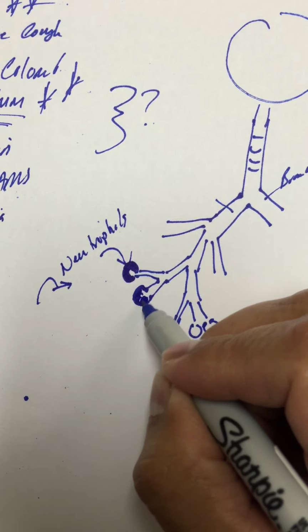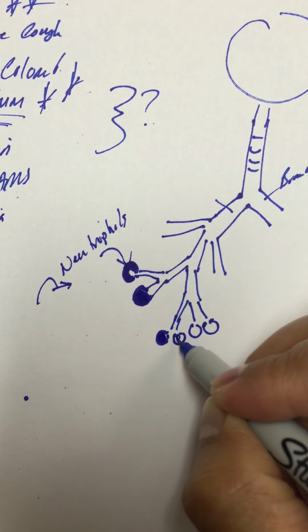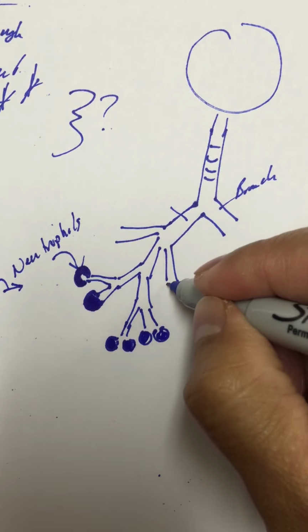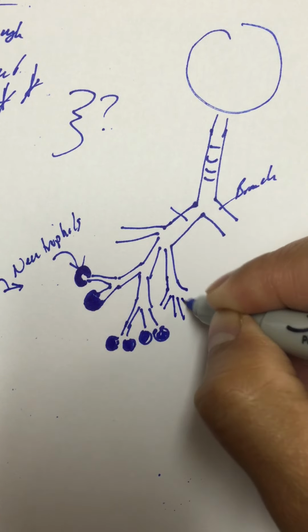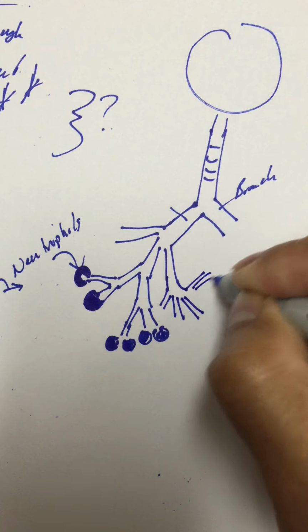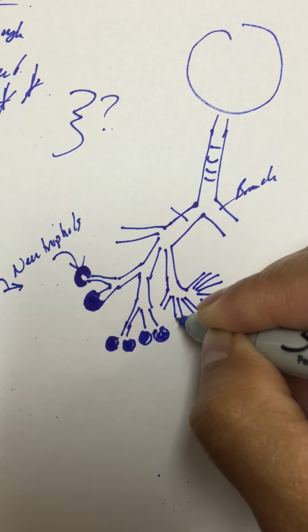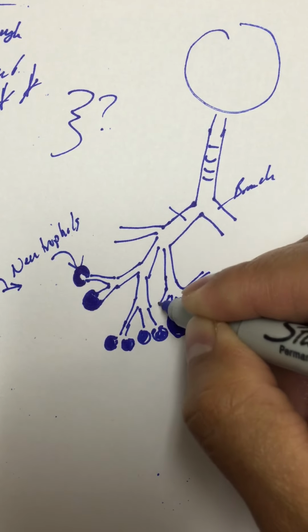As a result, more fluid will accumulate. And this will happen, depending on how bad the pneumonia is. It may happen to a complete lung, to part of the lung. And so these become, again, fluid-filled.